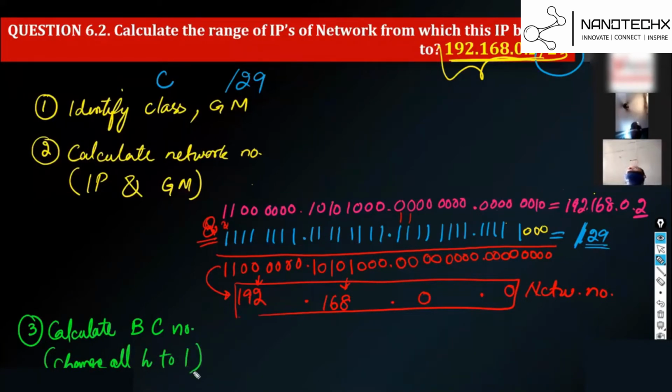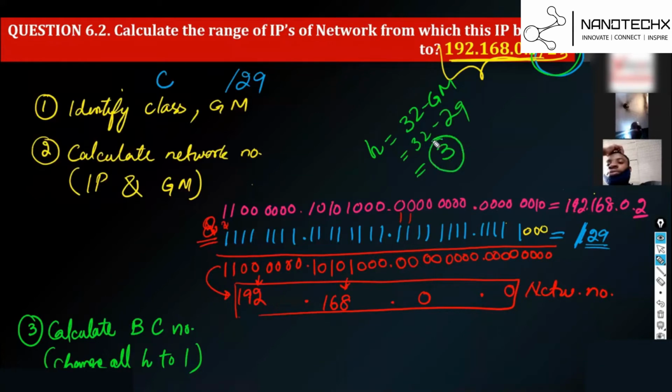So how many H bits are there? I just told you the formula to calculate H: H is equal to 32 minus the given mask. So 32 minus the given mask, 29, right? It means H is equal to 3. So it means 3 bits have to be changed in the original network number.